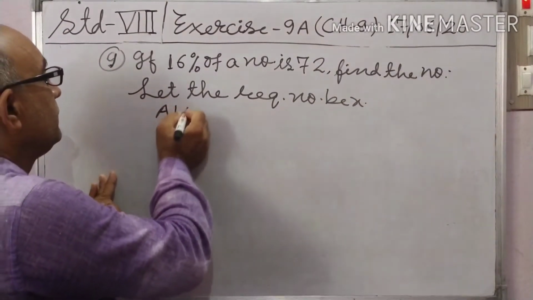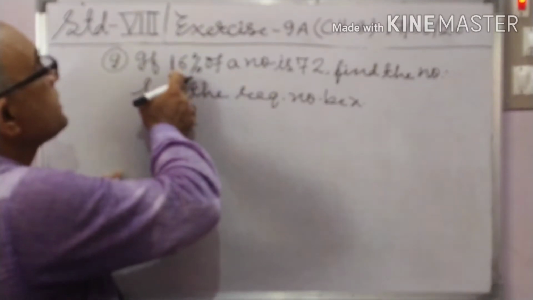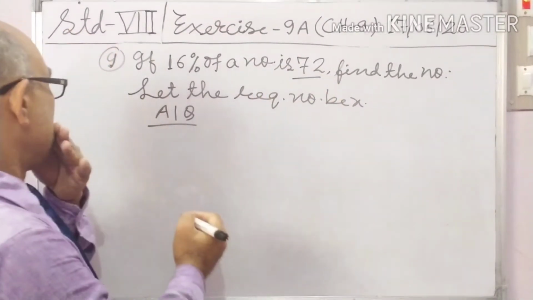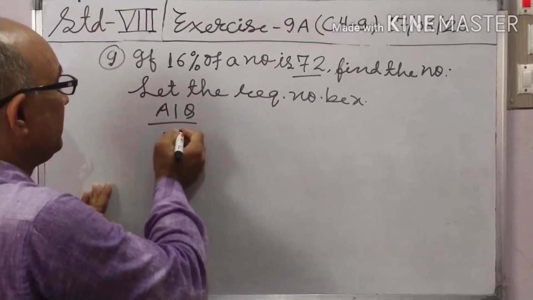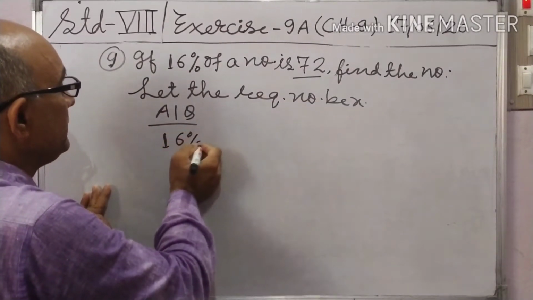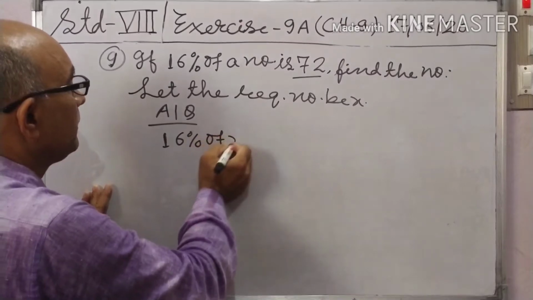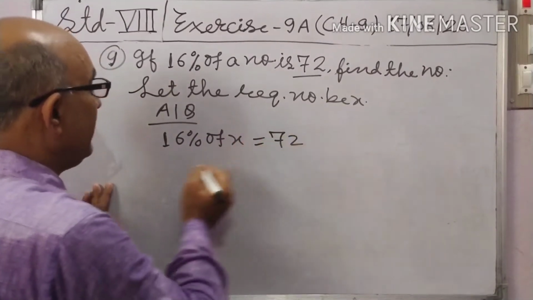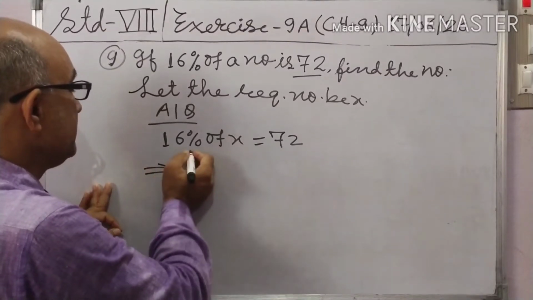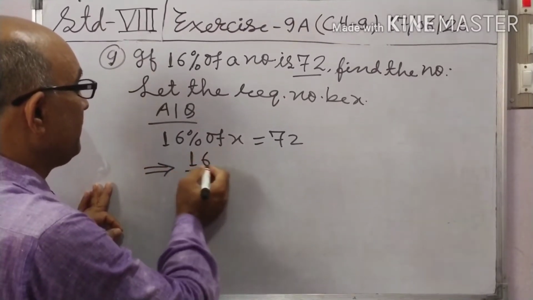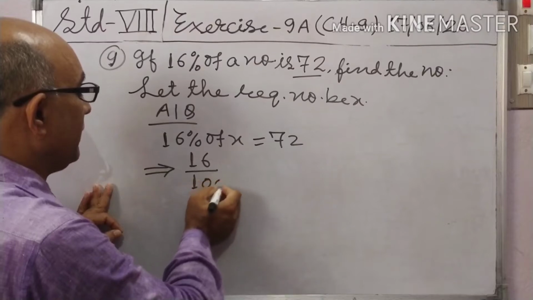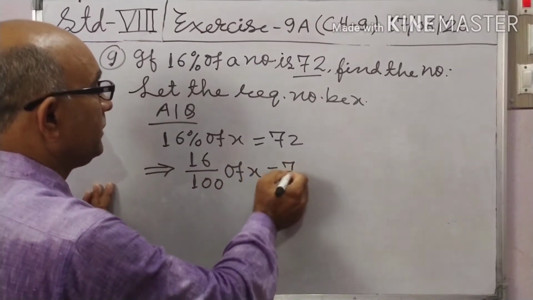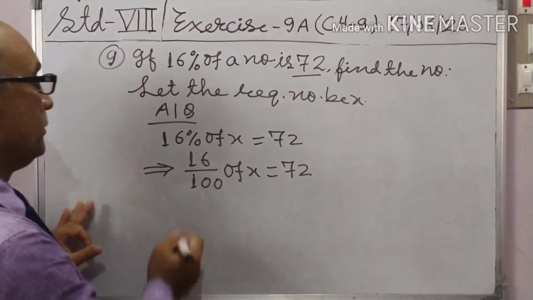According to the question, 16% of a number is 72. So 16% of x equals 72. That implies 16% means 16 by 100 of x equals 72.